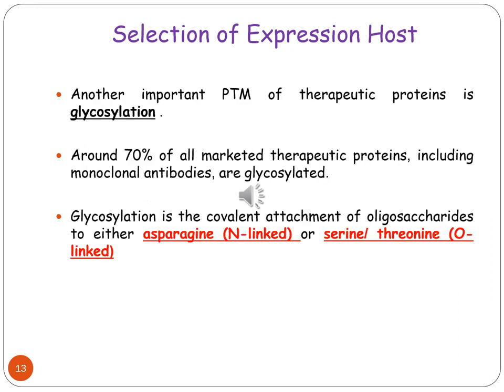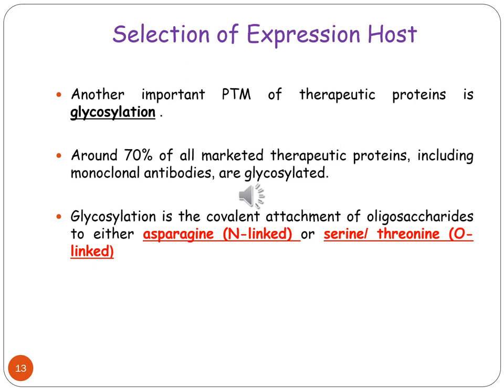Another important post-translation modification, as we said before, is glycosylation. And as they say here, around 70% of all marketed therapeutic proteins, including monoclonal antibodies, which we'll talk about later on, are glycosylated. Notice that 70% of all marketed therapeutic proteins cannot be produced inside bacteria because they need glycosylation.